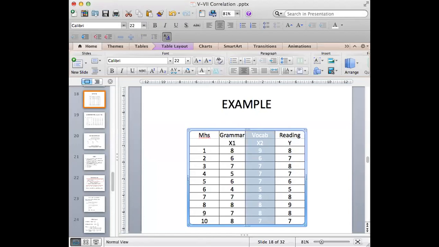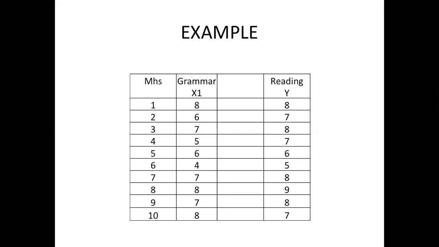So this is our example, okay? Please take out a piece of paper and then calculate the correlation coefficient between grammar and reading, okay? This is the independent variable, and this is the dependent variable. The data are interval, so we use the Pearson product moment.